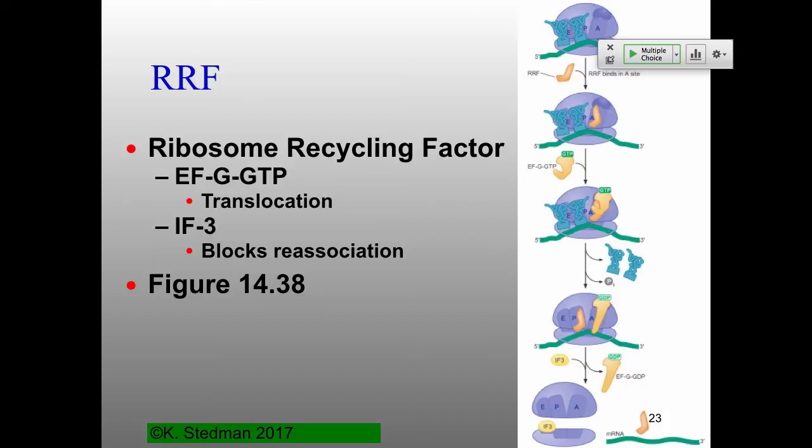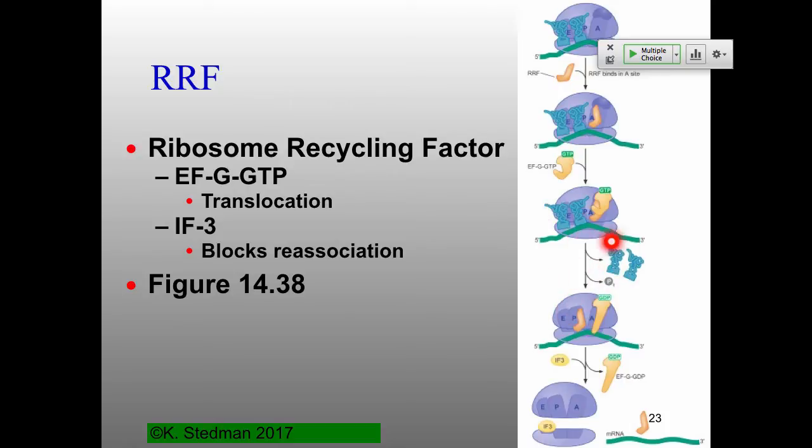I'm not going to ask too many details about this process. The EFs, we've got enough alphabet soup to be worrying about here. But once we have the removal of this first release factor from this site, we have that same translocation factor that we had before, also binding to GTP, which can push the E and P site RNAs out of the ribosome.